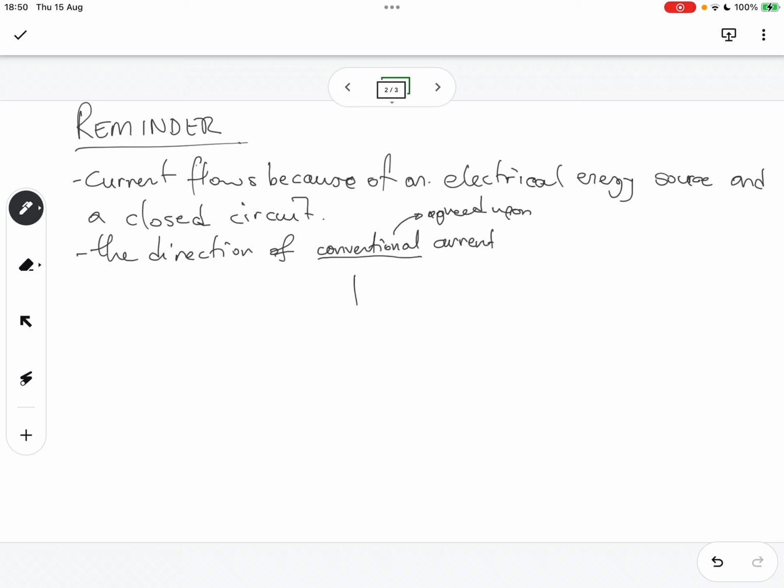Ne? So when we have a circuit, let's say there is a cell there and it's a closed circuit, and then there is a resistor. The battery will be there, and current would be assumed to flow in that direction.